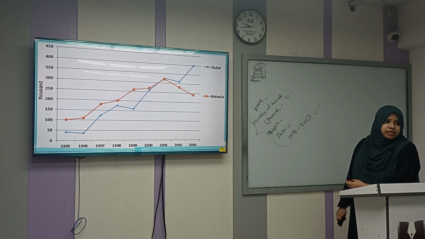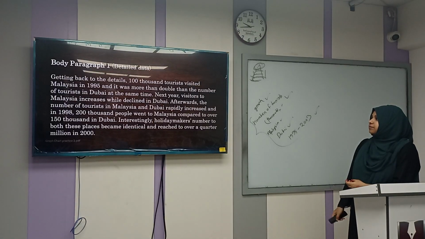যেটা নিচের দিকে চলে গেছে ঠিক আছে, then afterwards, the number of tourists in Malaysia and Dubai rapidly increased and in 1998, 200,000 people went to Malaysia compared to over 150,000 in Dubai.